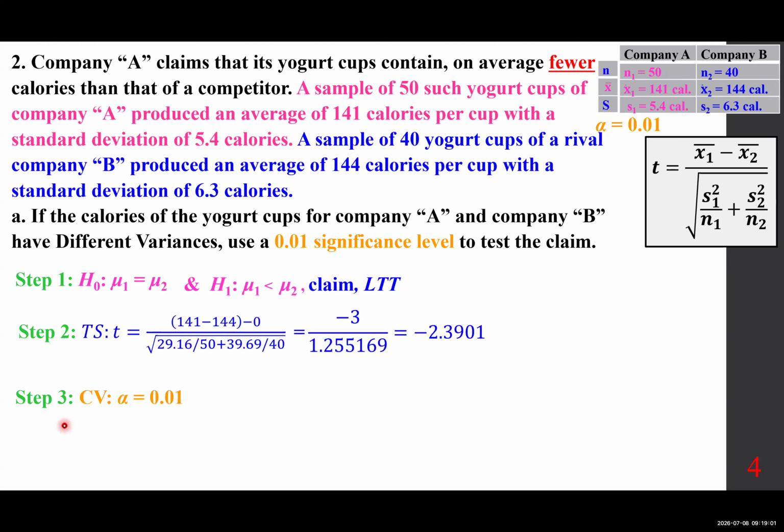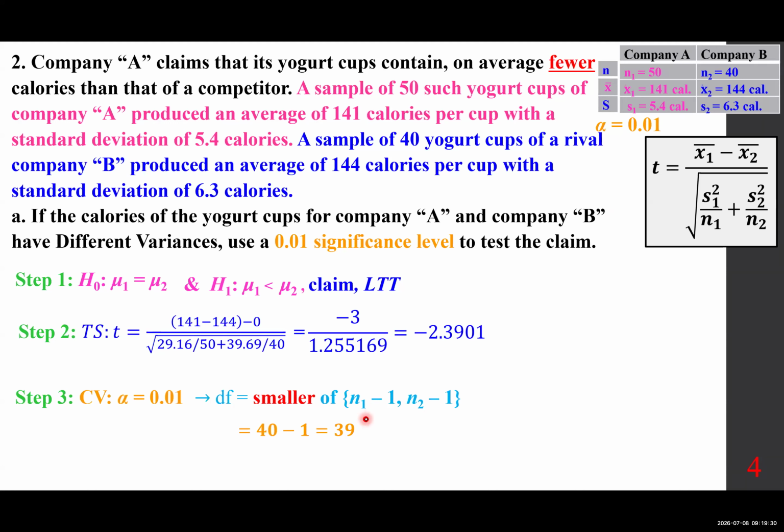When we don't have technology, it is estimated as follows: the smaller of the two degrees of freedom. This one is 50 minus 1, this one is 40 minus 1. So the smaller of n1 minus 1 and n2 minus 1. So we choose, of course, 39, because 50 minus 1 is 49, 40 minus 1 is 39. That's the smaller of the two.